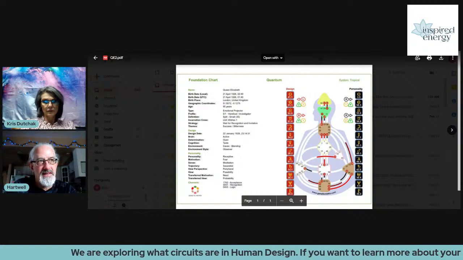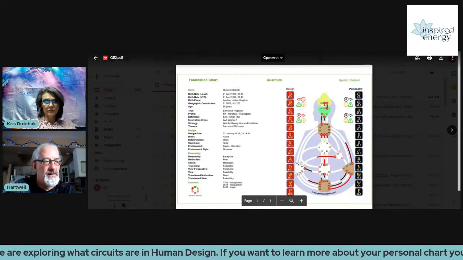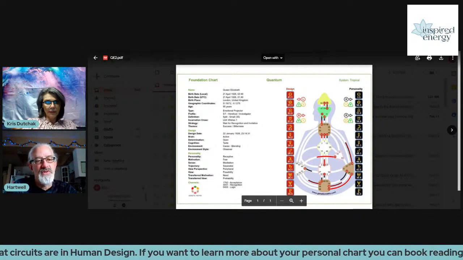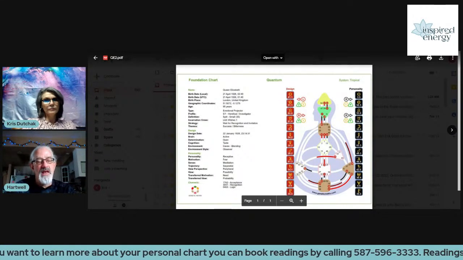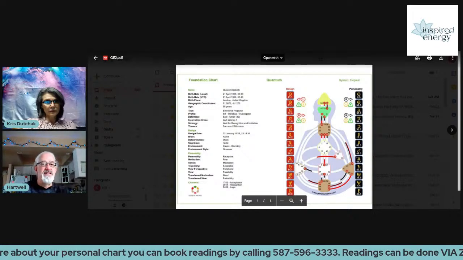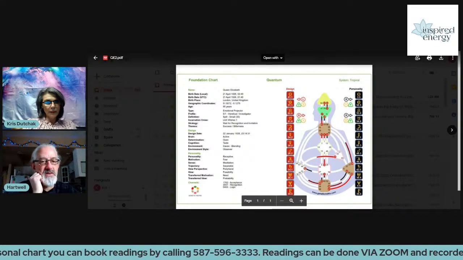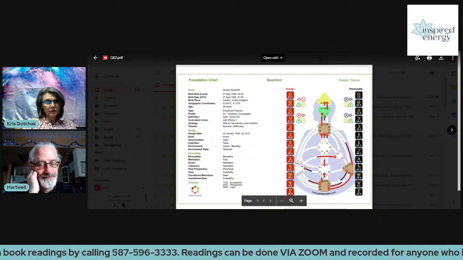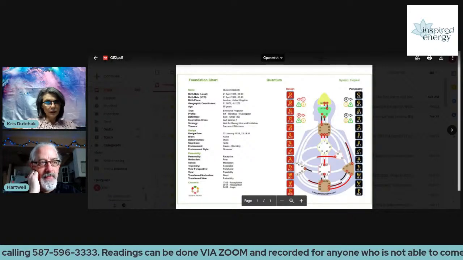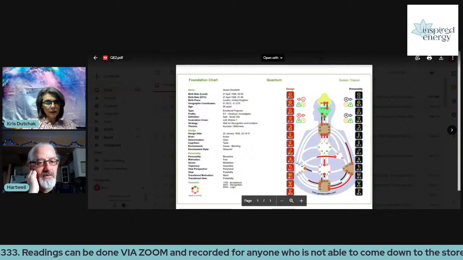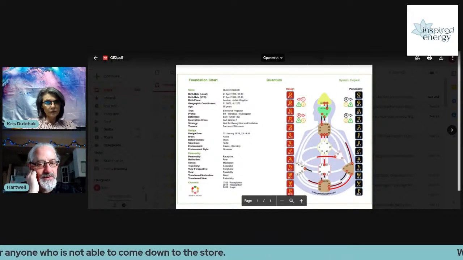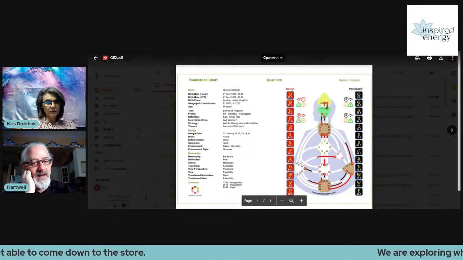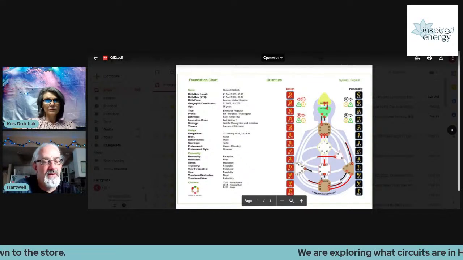They're not seeking recognition. It's an impersonal force within them to be sharing the things that they learn. And you could say that the logic circuit is on the left side of the chart. It runs through the spleen and down to the root, all the way from the head down to the throat, down to the root.